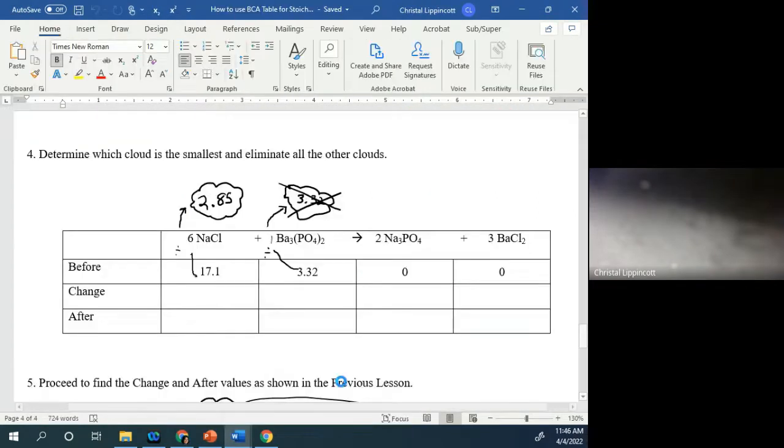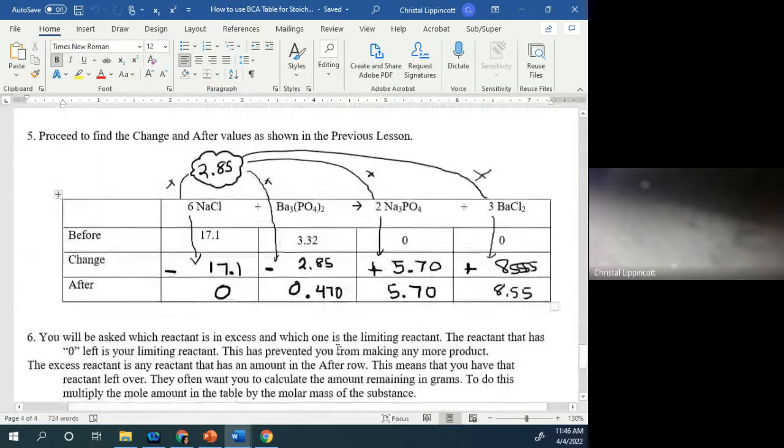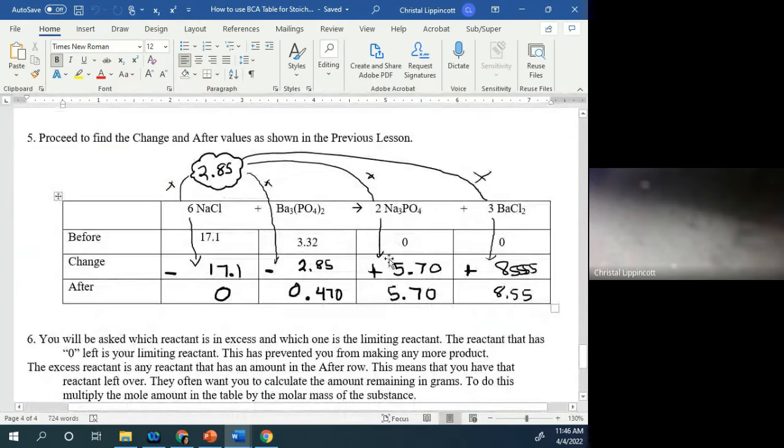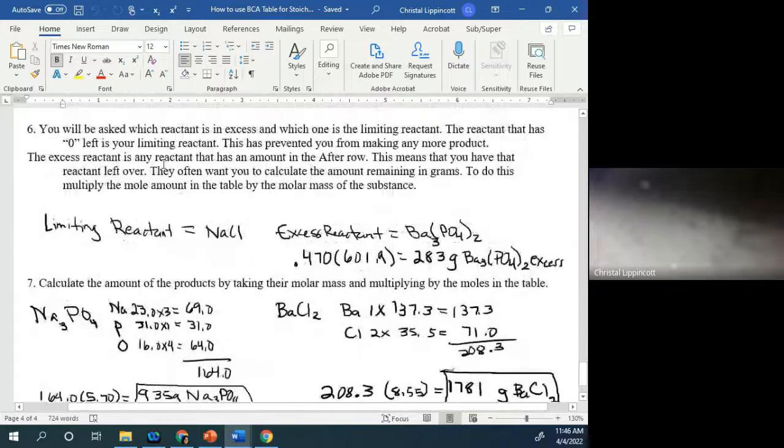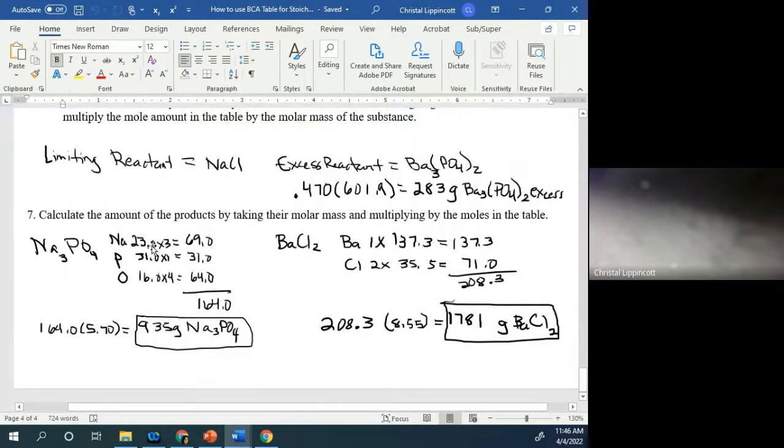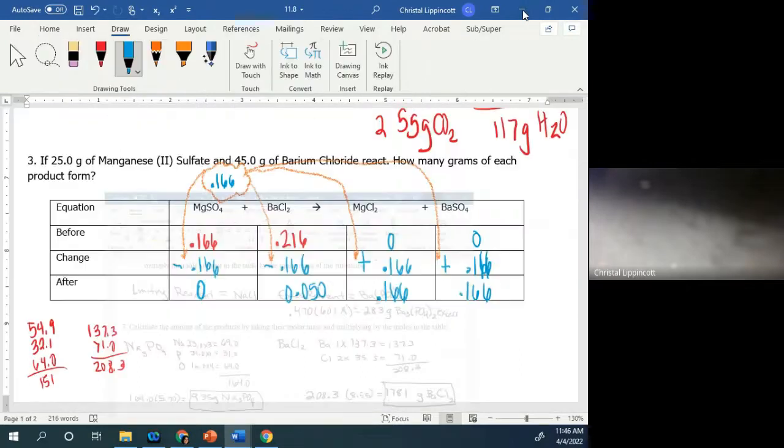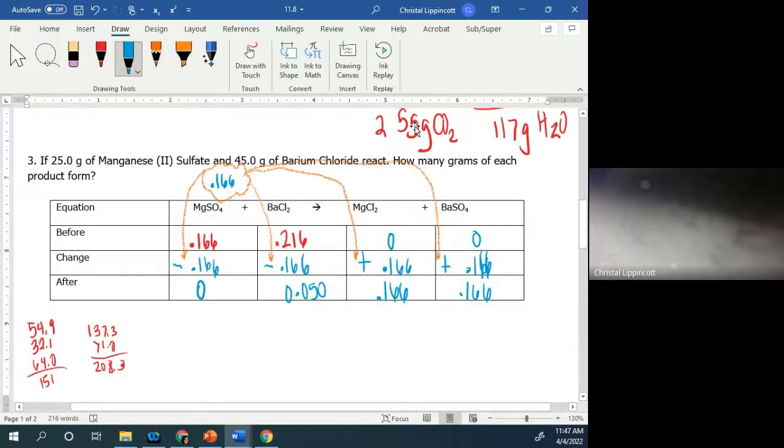It told us to calculate our change and our after. So we've done that. Now they didn't ask which element, they just want us to do the products. So we're going to figure out the molar masses, and then we're going to multiply that by the mole values for each of these. So magnesium is 24.3, and I've got 2 chlorines at 35.5 each.